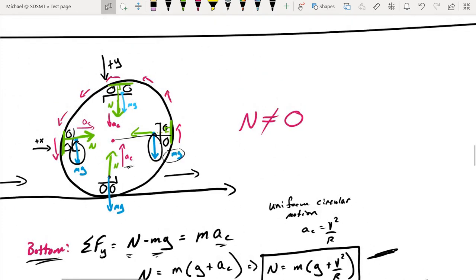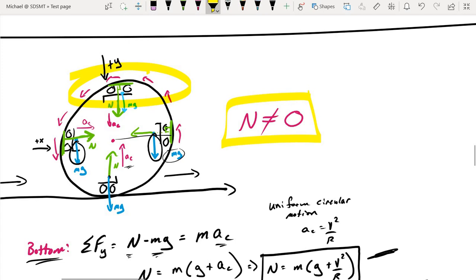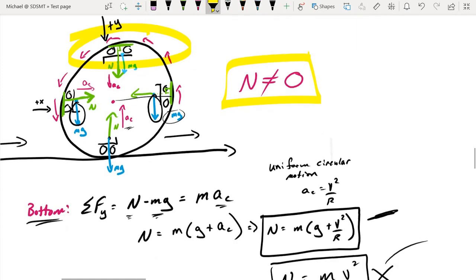And keep in mind the most dangerous spot in this whole daredevil feat is going to be right there at the top. This is where you want to make sure that you're not losing contact with the track. This is where you want to make sure that this doesn't happen.